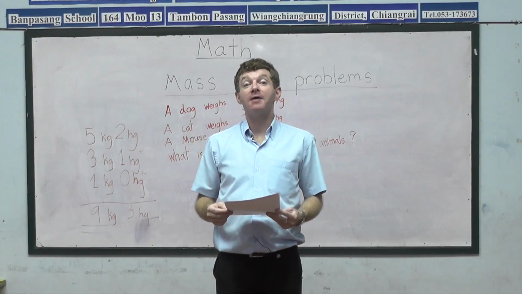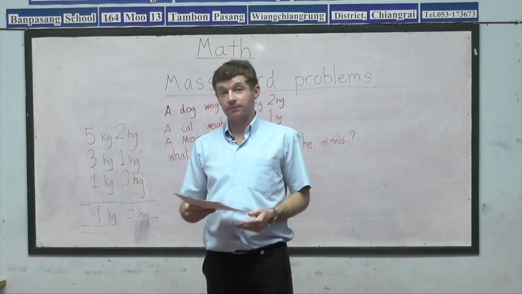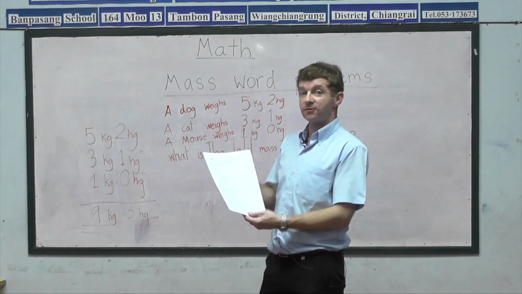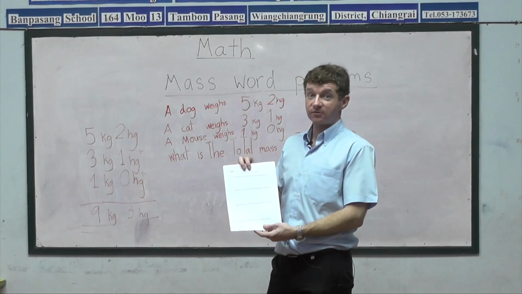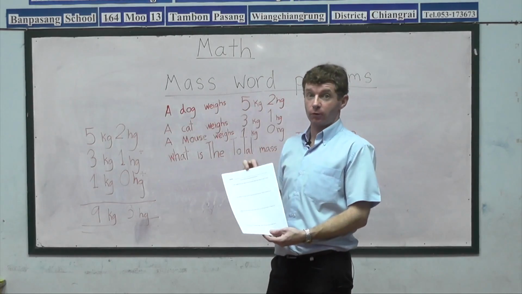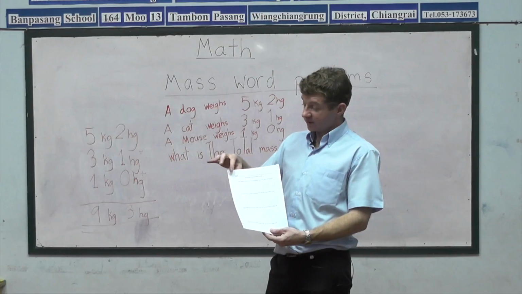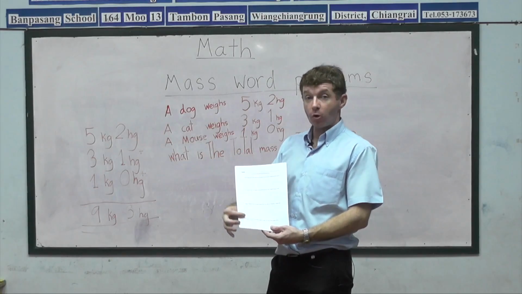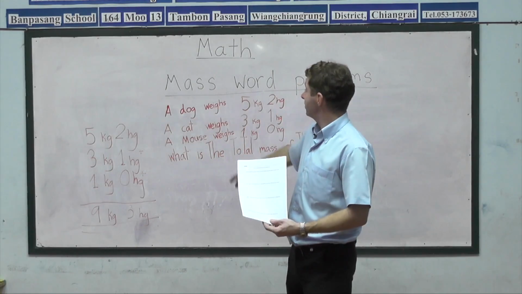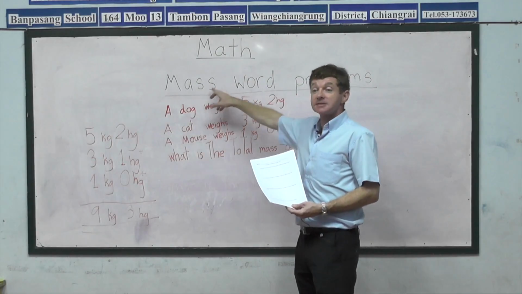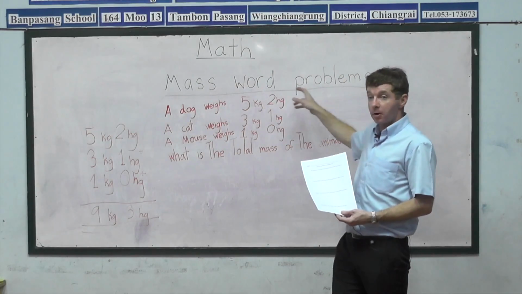Okay, now it's time for our worksheet activity. So teachers, what you'll need to do is to print out the worksheet, one for every student. Your students have to read each of the 4 questions, which are maths word problems.